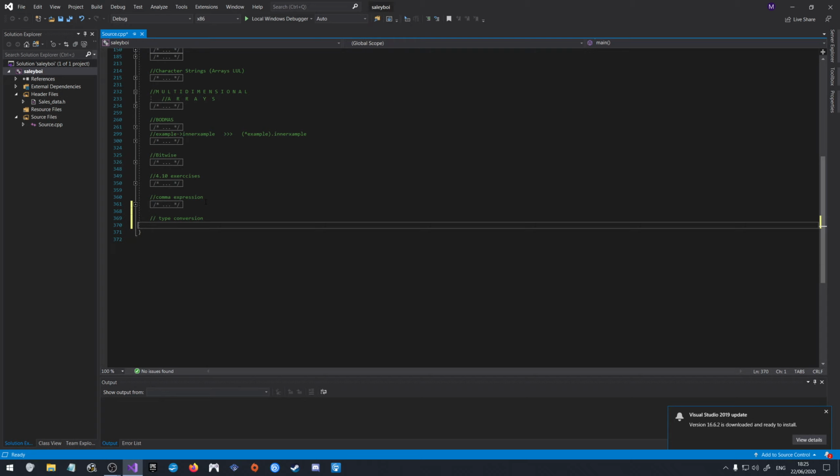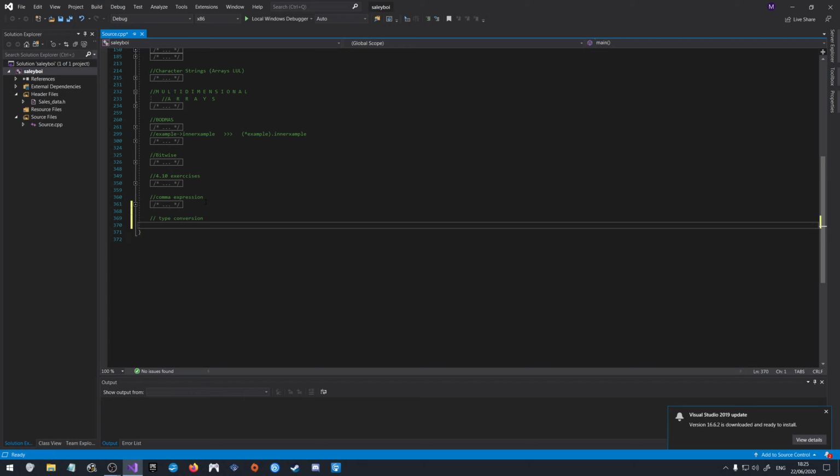So we could do I equals I times static_cast<int>(D); and then it would cast D into an integer value.